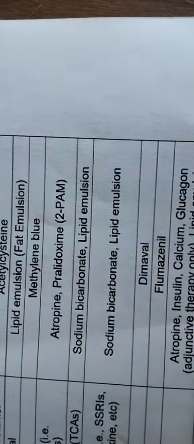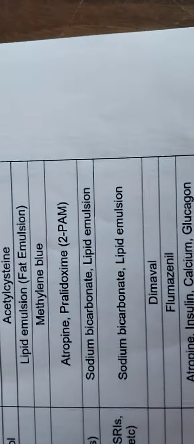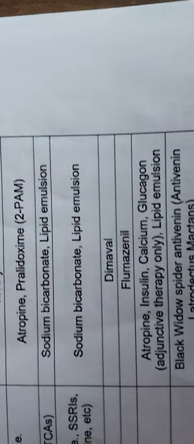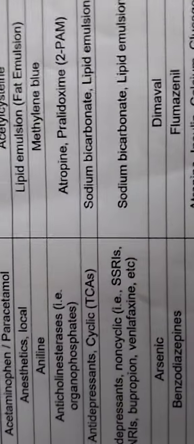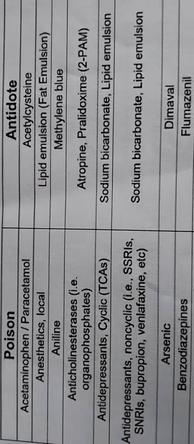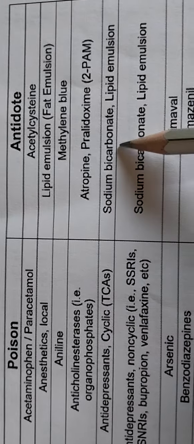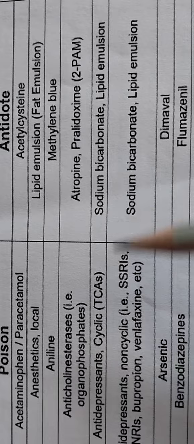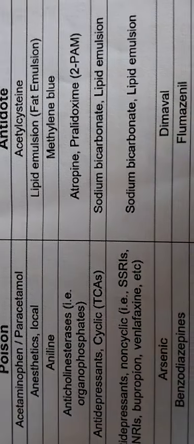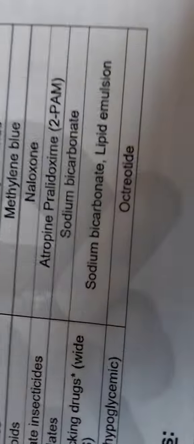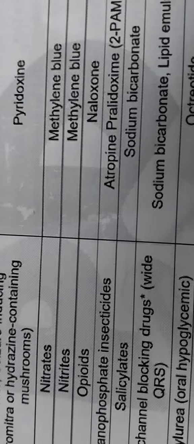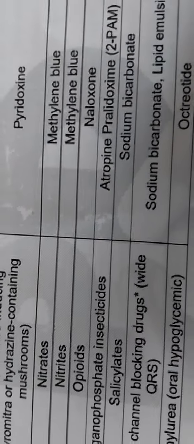Then for antidepressants which are cyclic in nature, or antidepressants which are non-cyclic in nature, both sodium bicarbonate and lipid emulsion are used. Similarly for salicylates and sodium channel blocking drugs, sodium bicarbonate and lipid emulsion are used as an antidote.